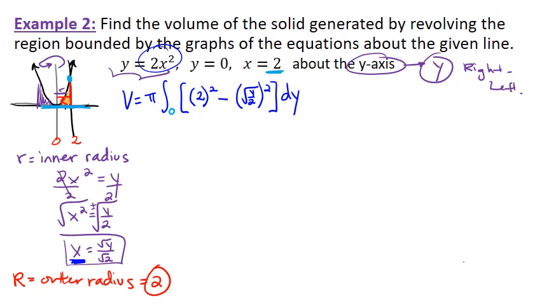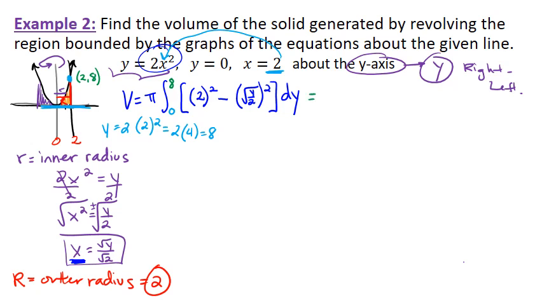So whenever x is 2, I can find what y is. When x is 2, y is 8. So this intersection is (2, 8), and we need the y value.